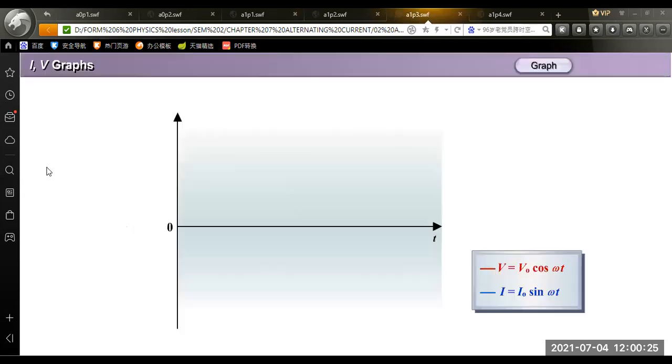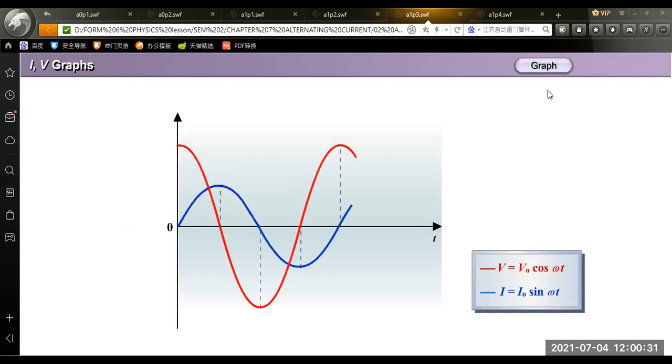Then we notice the difference in the graphs of I and V. V equals V naught cos omega t, which is the shape of the cos graph. I equals I naught sin omega t.